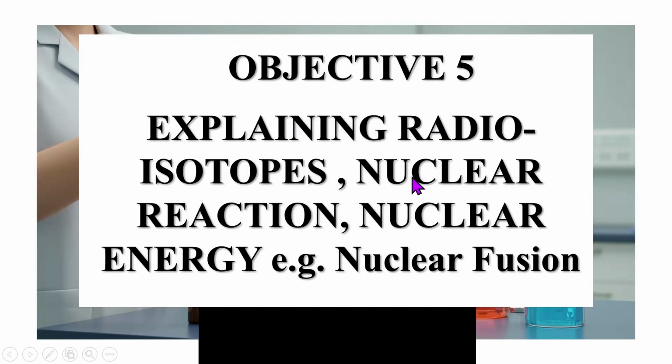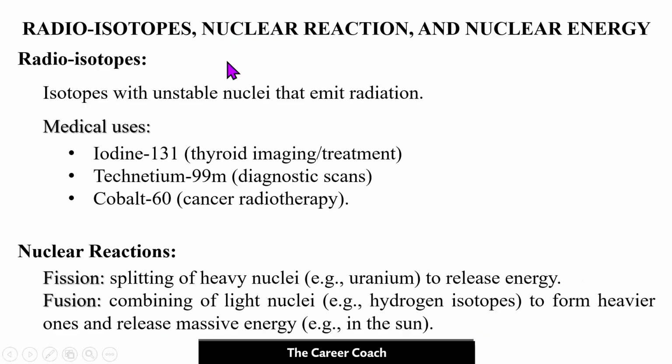Objective 5. Explain radioisotopes, nuclear reaction, and nuclear energy, for example, nuclear fusion and nuclear fission. What are radioisotopes? Radioisotopes are isotopes with unstable nuclei that emit radiation.